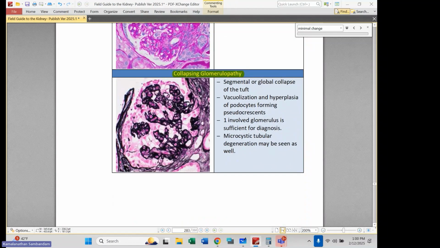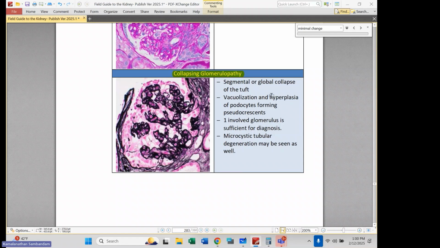The collapsing form of FSGS is one of dedifferentiation and proliferation of podocytes. So, we typically think of podocytes as terminally differentiated cells, but for some reason, in these patients with collapsing glomerulopathy, they develop, because of, for instance, APOL1 risk alleles and then HIV, their podocytes dedifferentiate and increase in number, and then fill, basically crush down the glomerulus, and then it is collapsed.